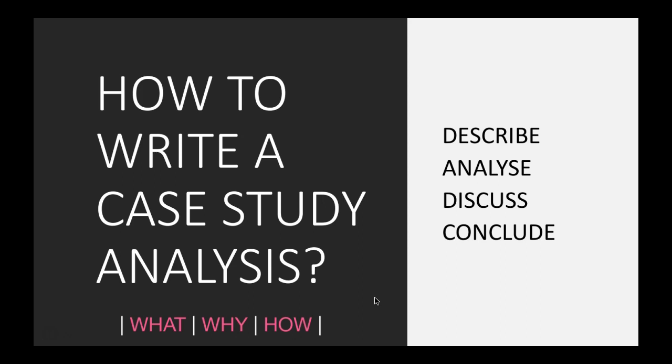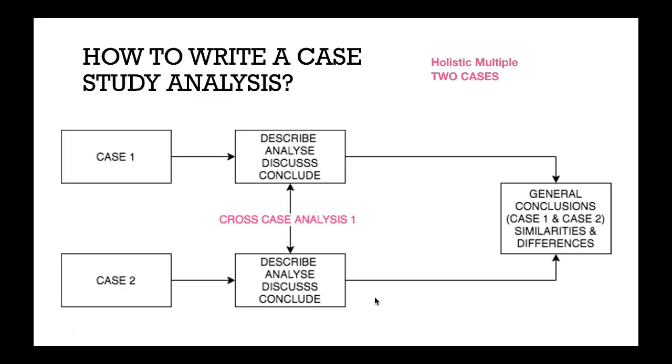So let's look at an example of when you are taking 3 case studies or 2 case studies. This is the example of a holistic multiple case study. I have talked about the case study approach, where I covered holistic single, holistic multiple, embedded single, and embedded multiple case studies.